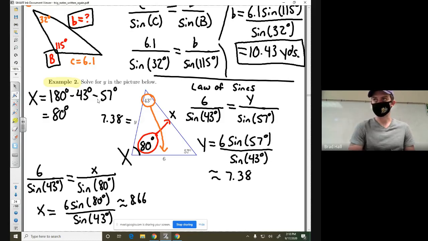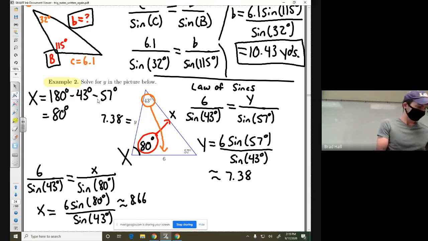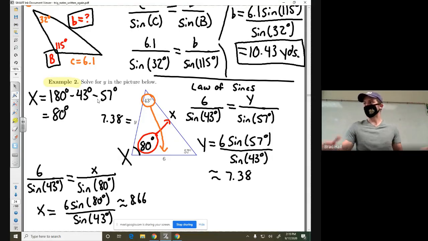How does that sound to everyone else? All right, cool. So that solves the triangle. We know all the angles and all the sides.